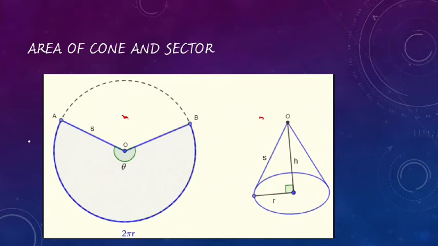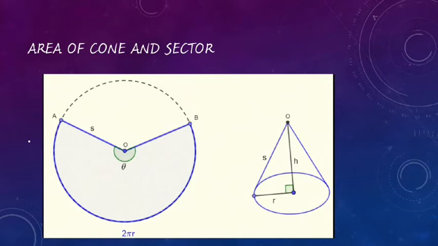If you use this A to join this B, what you are going to have is a cone, which is this. You understand? Which means that when we fold a sector, we have a cone in that manner.